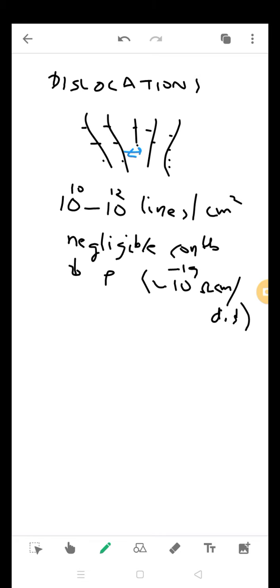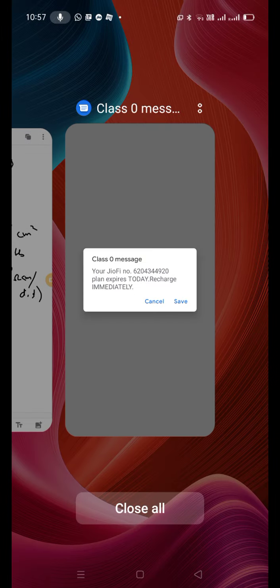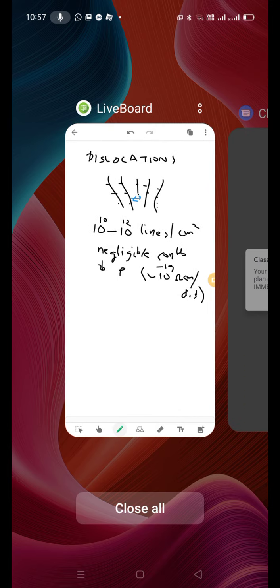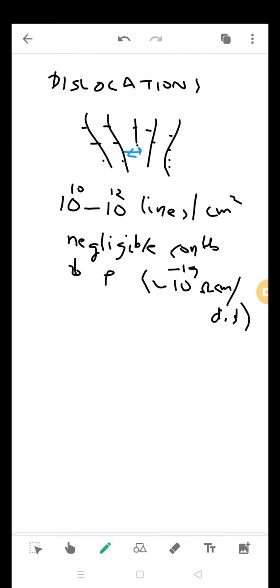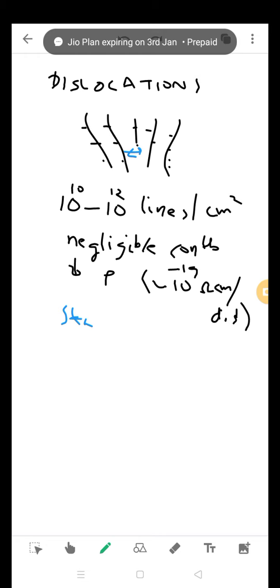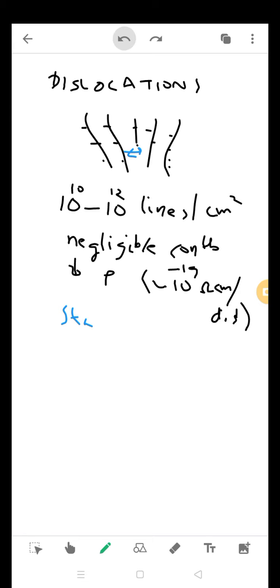Now, similar to dislocations, the stacking faults also have very little contribution to the resistivity, and the amount of stacking fault is about 10 to the power 5 per centimeter.